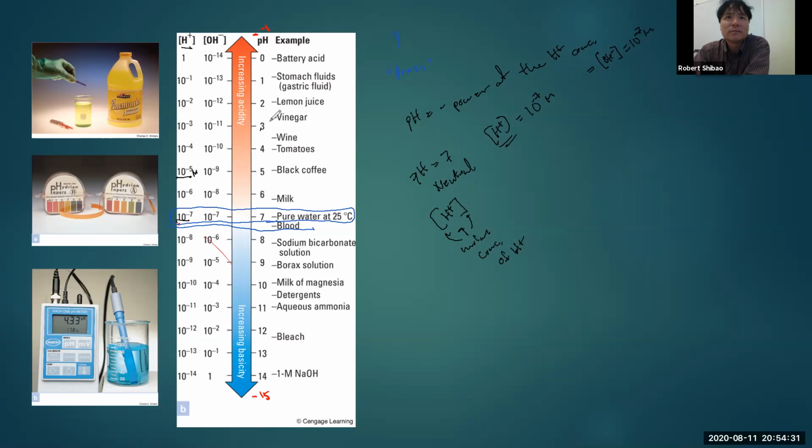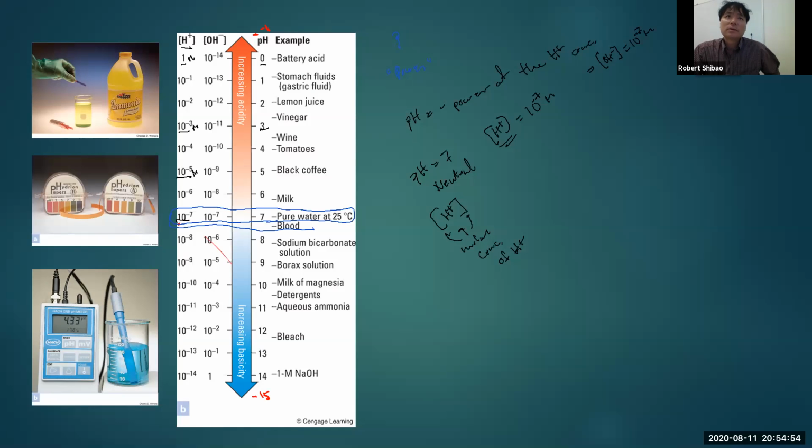And so if we go to pH 3, it's 10 to the minus 3 molar hydrogen ion concentration. If we go to pH 0, it's 1 molar. Well, today in lab, I use 6 molar acid. 6 molar acid is going to have a negative pH, like negative 0.5 or so. Let's see.